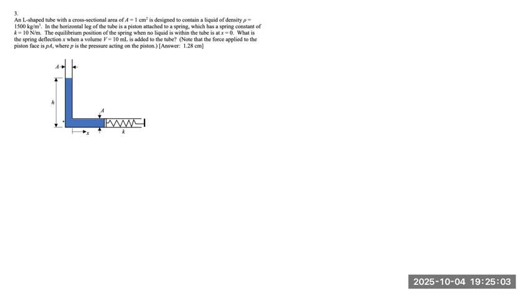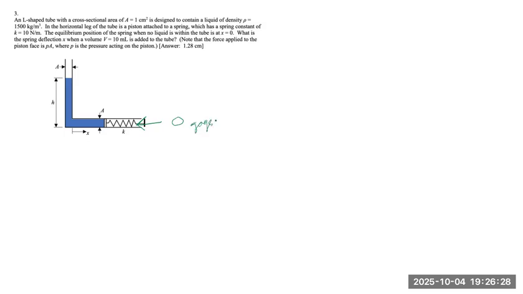So we can perform a force balance applied to the piston using gauge pressure P on the left side of the piston face. The atmospheric pressure force on the right side of the piston is 0, since we assume the pressure on the right side is atmospheric, which is 0 gauge.